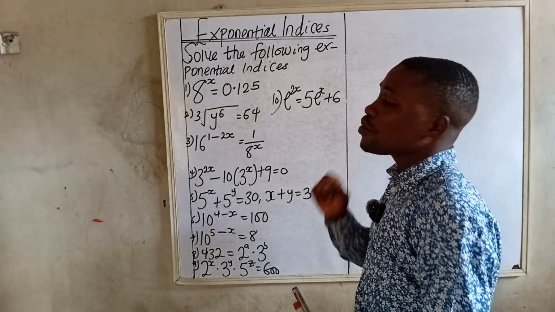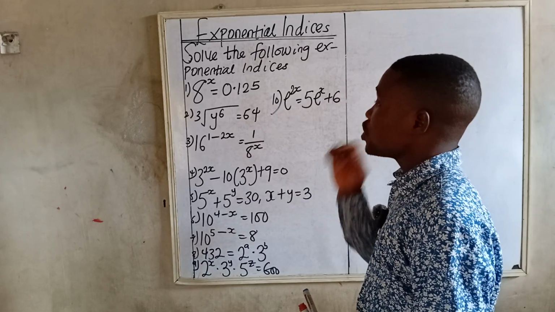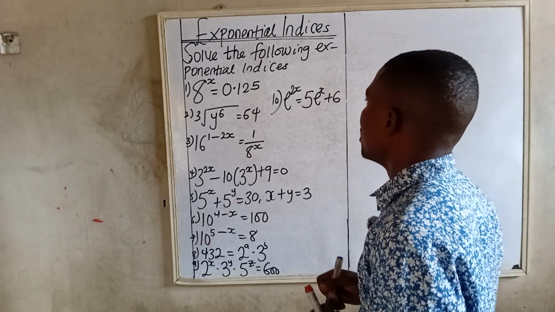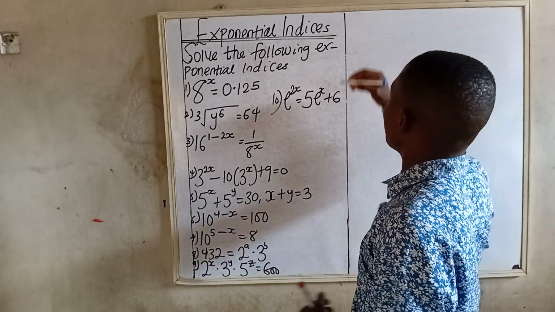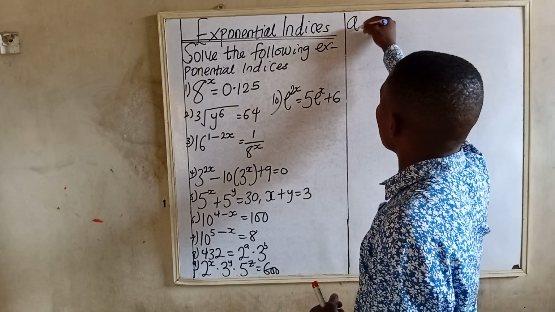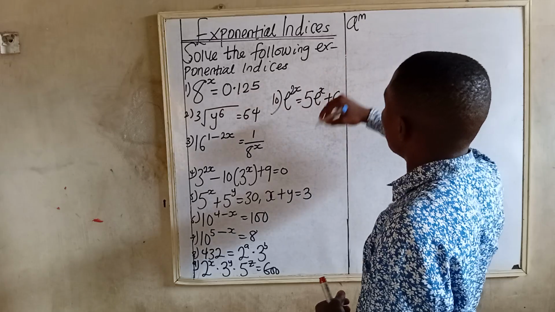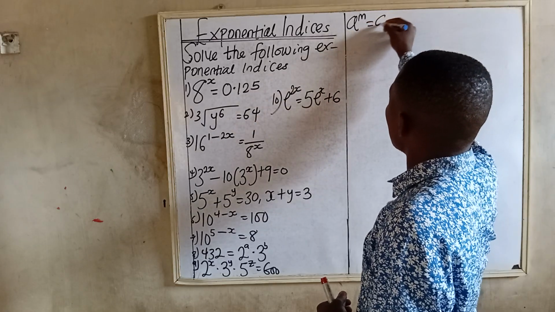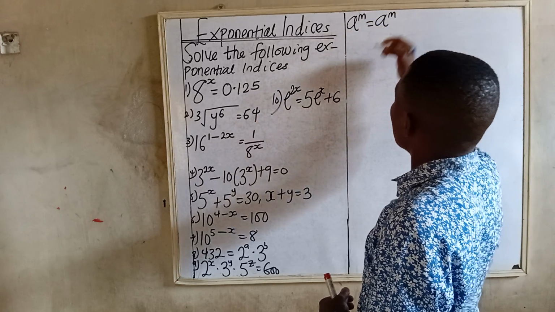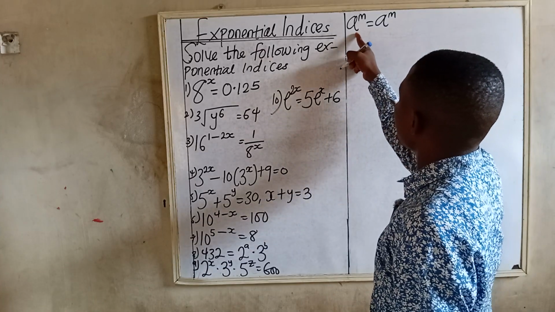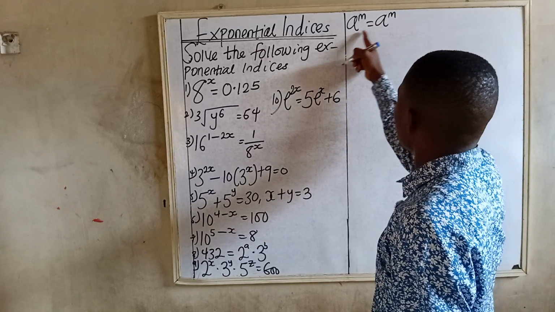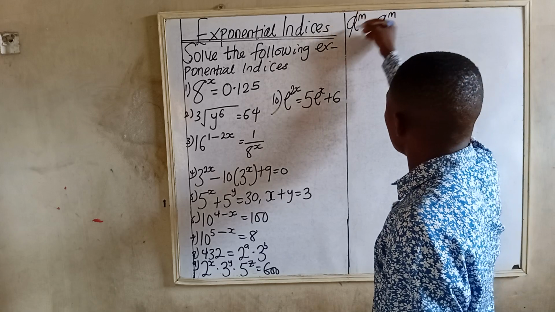Now, before we even try solving this question, you have to know one thing, part of the law of indices. If we have a raised to power m is equal to a raised to power n, since the bases are the same, they cancel each other.